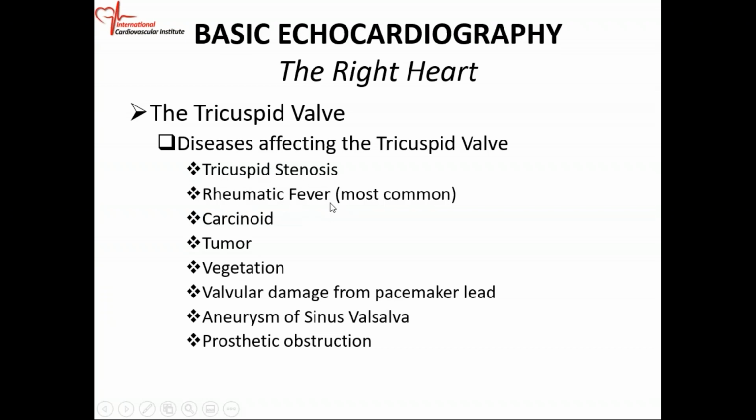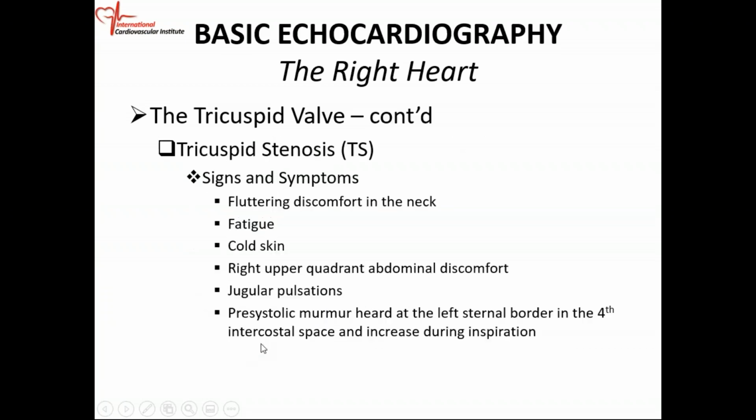Rheumatic fever can give you tricuspid valve pathology as well. We'll talk about carcinoid tumors. Vegetation can affect the tricuspid valve. You can also get damage from a pacemaker, aneurysm of the sinus of Valsalva, or prostatic obstruction.